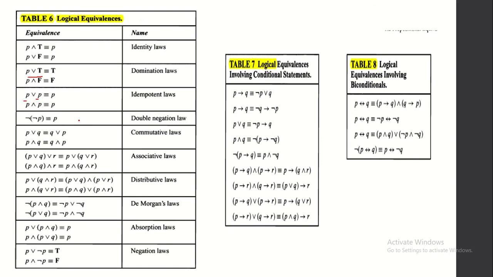Now what is the double negation law? The double negation law is where we are negating twice. So at first when we negate P, it will give us not P, right? And then when we negate it again, not P becomes P. So the double negation of P is equivalent to P. Then the commutative law, which is P or Q equivalent to Q or P. You will find these laws in your books, so understand this from your books.